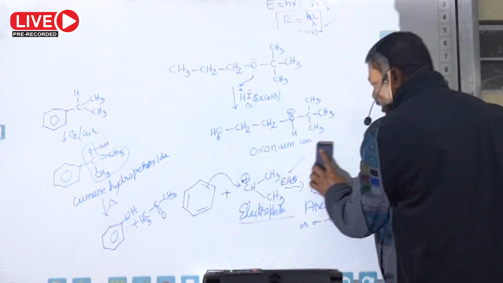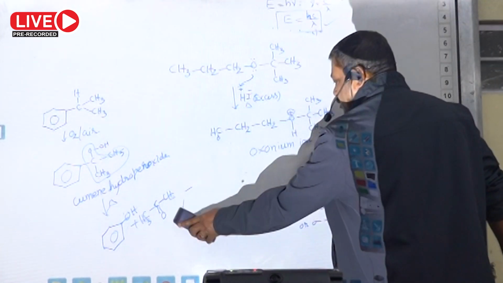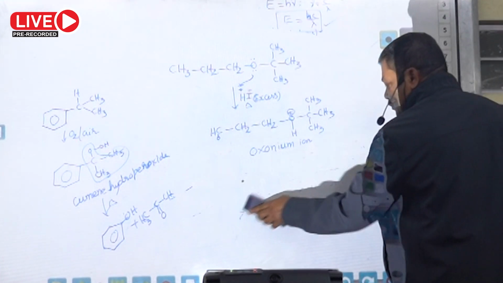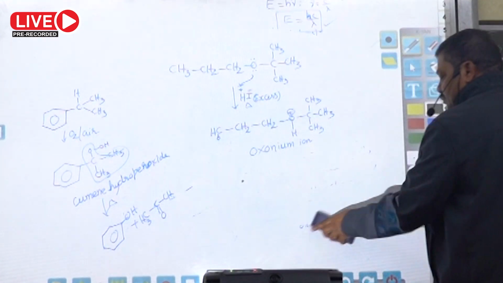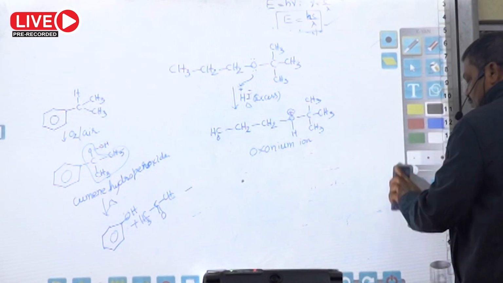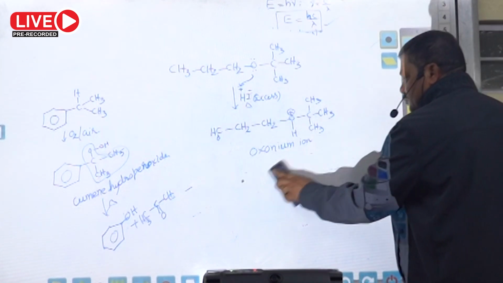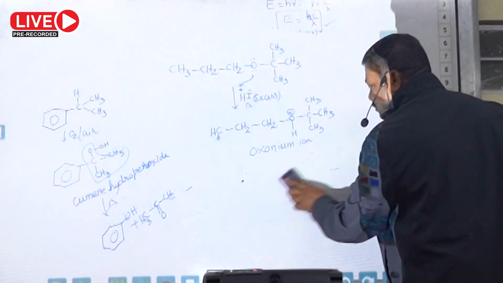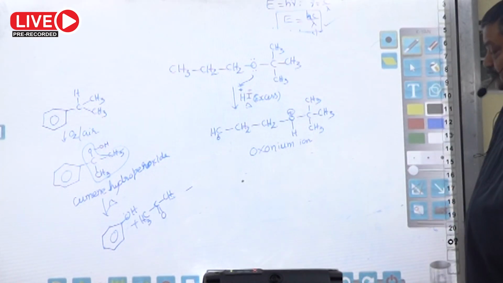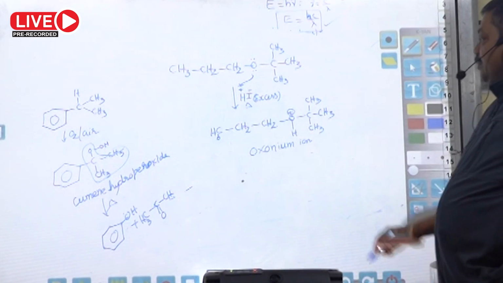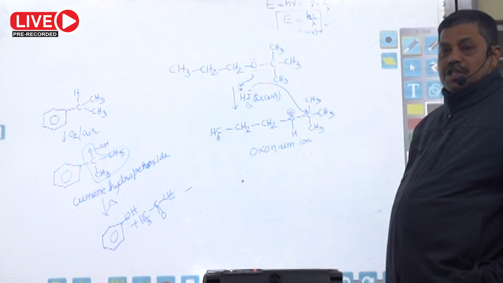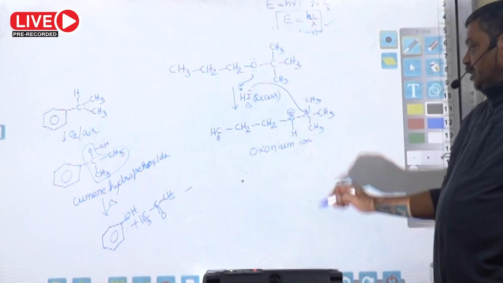Now this oxonium ion, the I minus is waiting. It will attack the more stable carbocation.